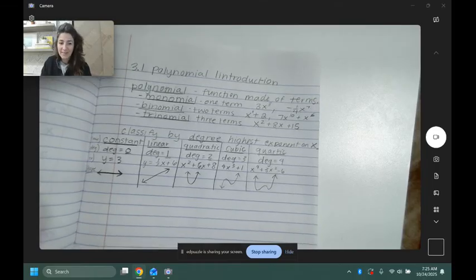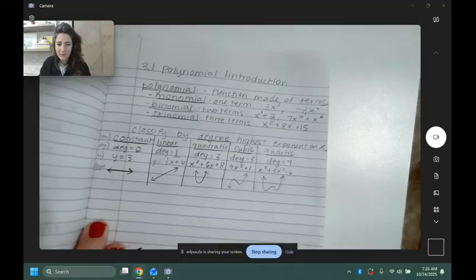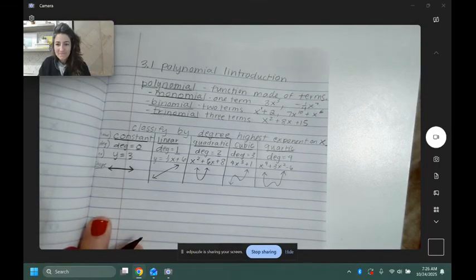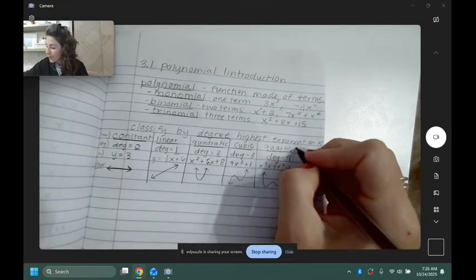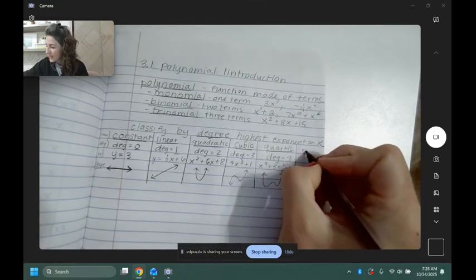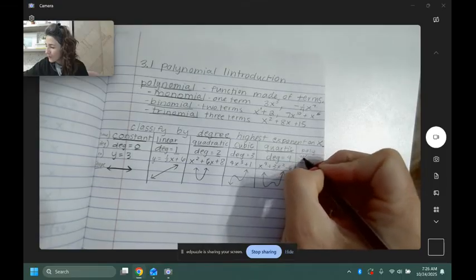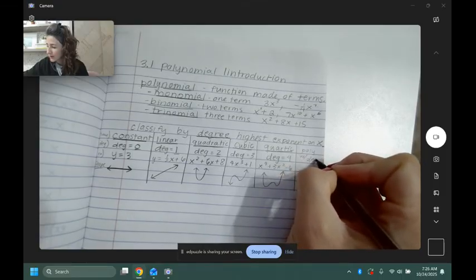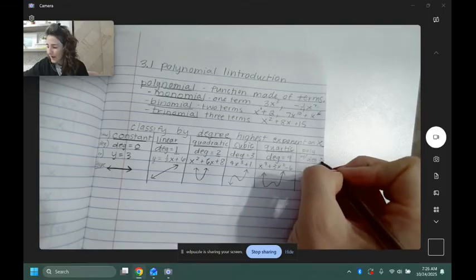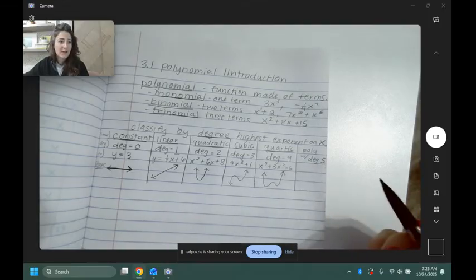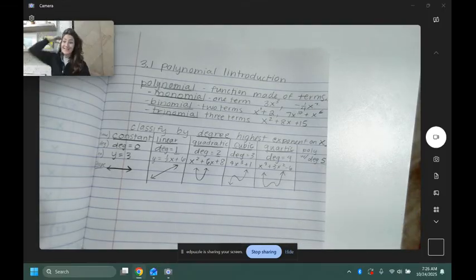Now, there are Latin names for all of the functions as you keep going with higher degrees. In my opinion, they're not really worth naming because you're just not going to deal with them very often. So beyond 4, I just will say a polynomial with a degree of 5, a polynomial with a degree of 6, a polynomial with a degree of 10.